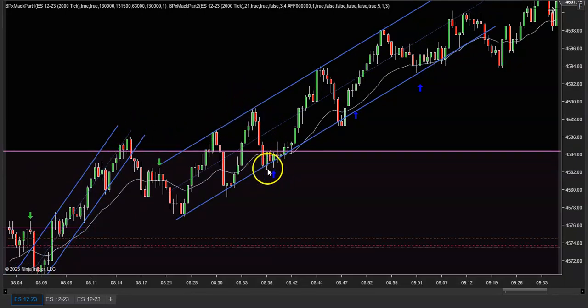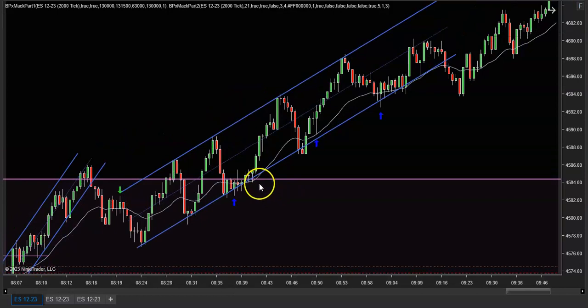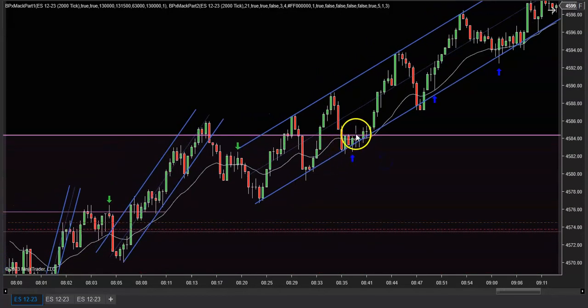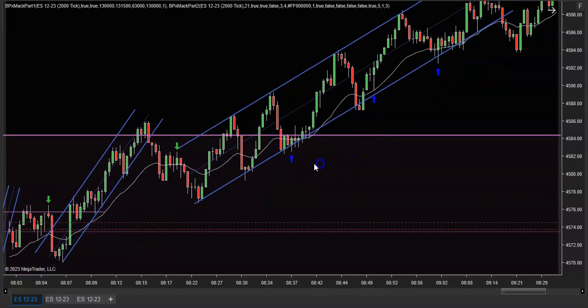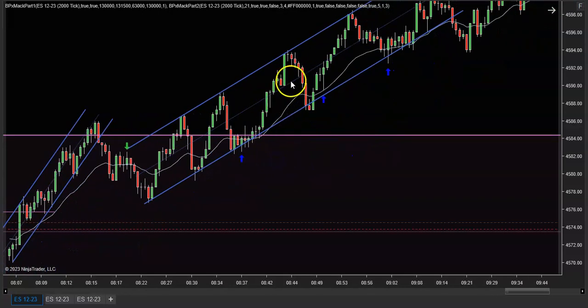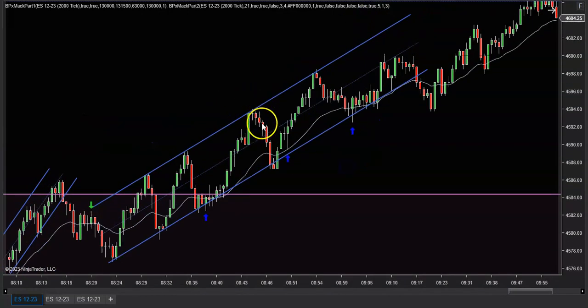That's why I feel confident marking this blue, even though there's some congestion. I felt like the congestion in real time was because, well, if it's a range day, we should be going lower. So this just looked to me like the bears were failing to bring it lower. So anyway, leg up, first entry, second entry. I marked it blue. We're moving up.